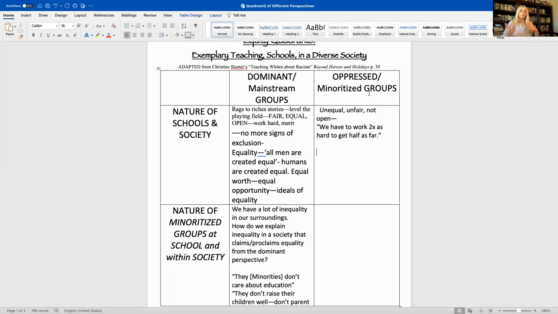So they often have this stereotype threat that they are aware of and work under, and are often trying to hold that off. They're aware of that, and they know that schools and society are not fair.